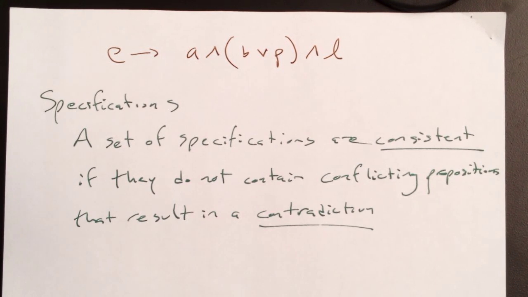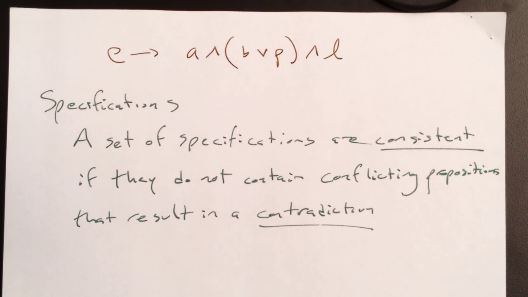A set of specifications are consistent if they do not contain conflicting propositions that result in a contradiction. Okay, but what's a contradiction? Something that negates the other sentence, like you can't have them both be true at the same time.